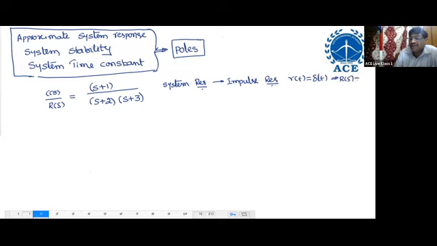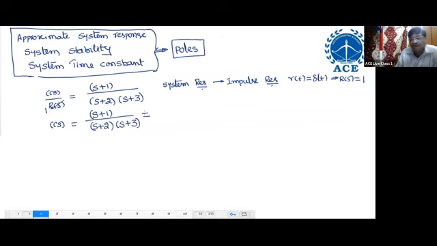Laplace of impulse is 1. Now we substitute R of s is 1. Then C of s becomes s plus 1 by s plus 2, s plus 3. Find the partial fractions. What will I get?